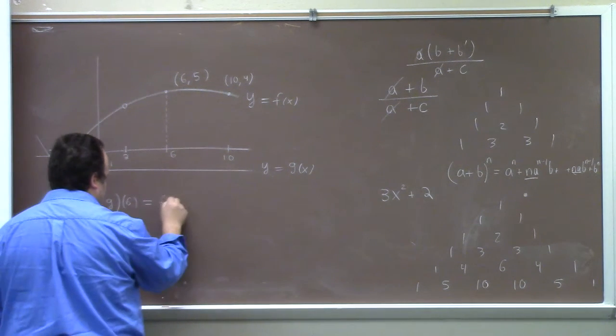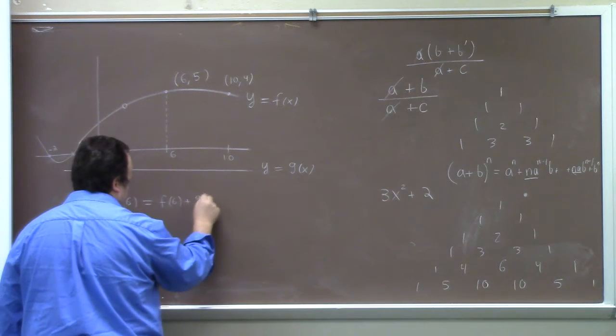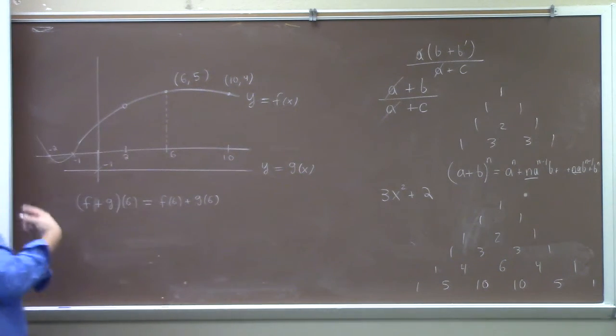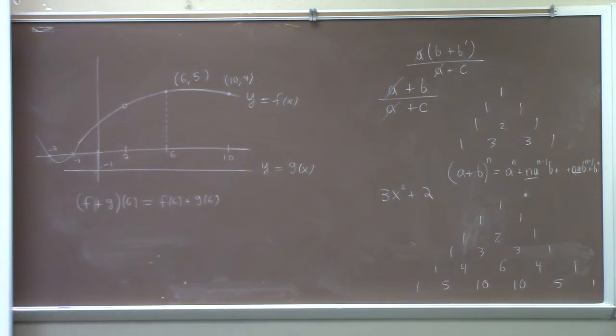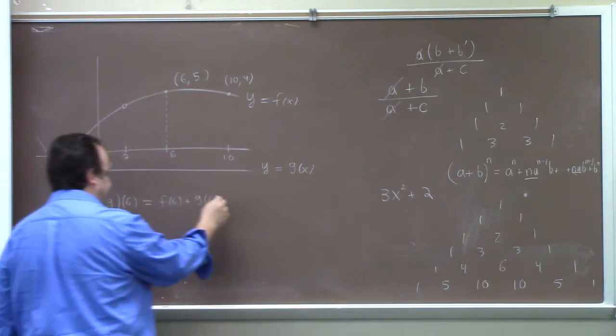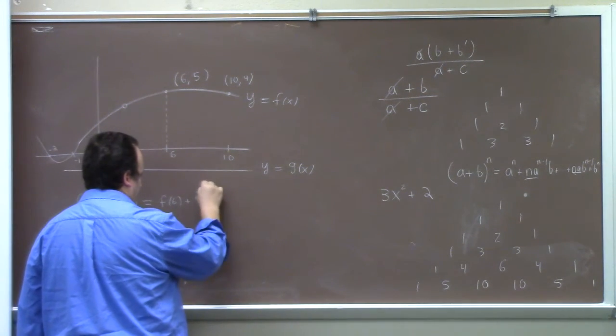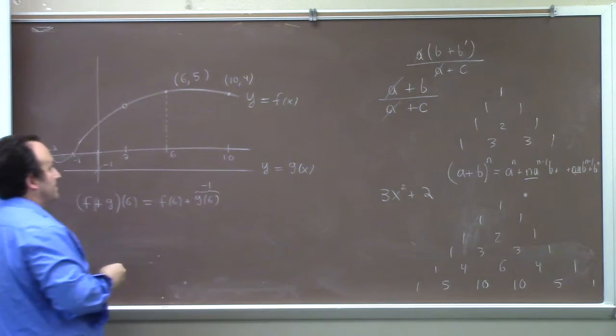That's f of 6 plus g of 6, right? So then my question is, what is f of 6 and what is g of 6 equal to? I told you g is a constant function, right? So g of 6 is easy. That's just -1. What's f of 6 equal to?